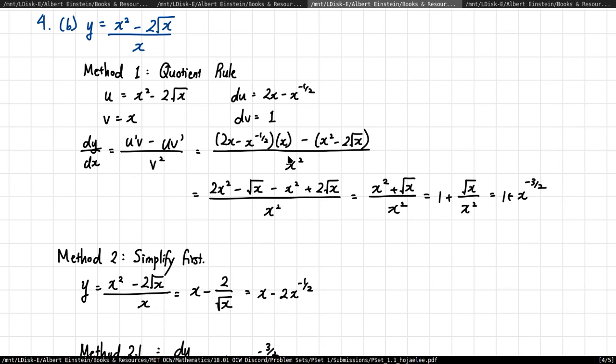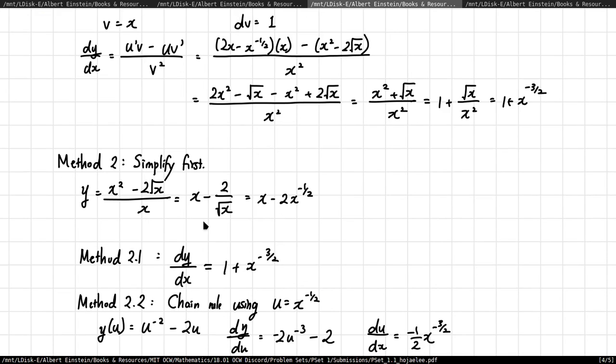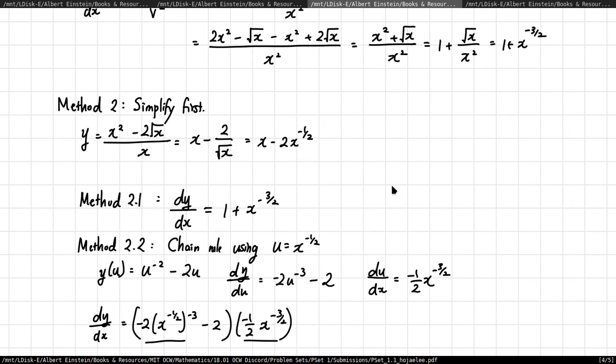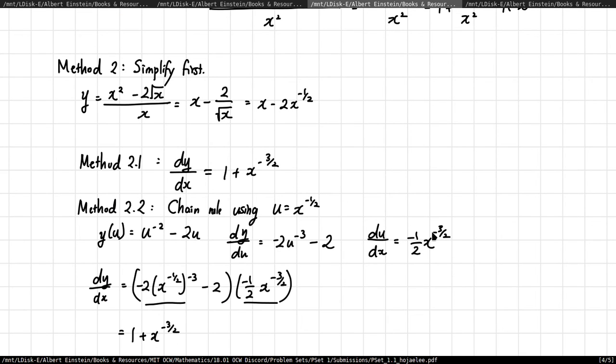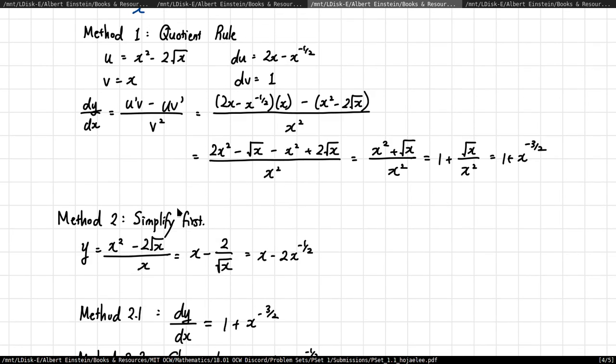Method one is quotient rule. Or you can do simplification first and then use the chain rule. This is amazing.